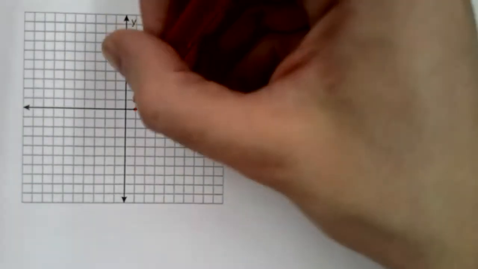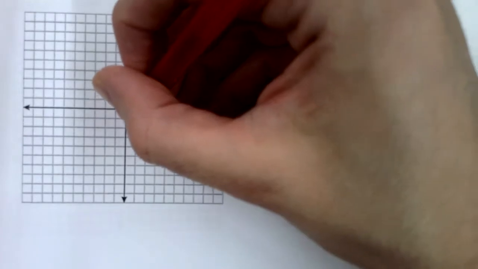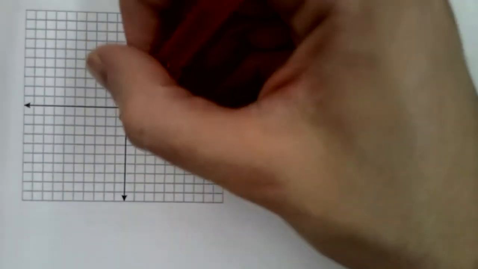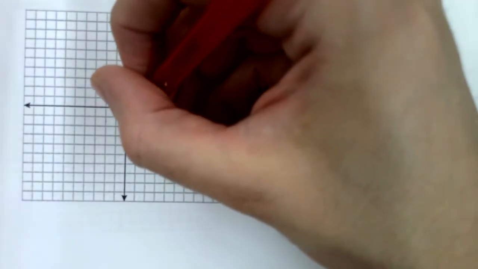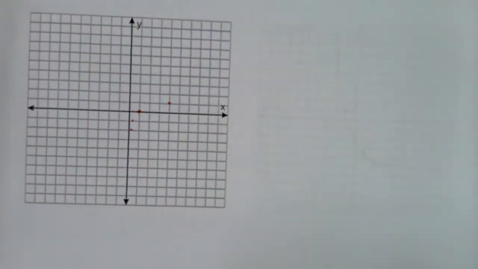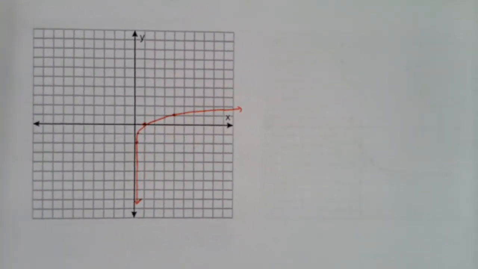We have 1/4, -1. You just estimate that. We have 1/16, -2. So you can see how close it's getting to that axis. So let me draw my graph now. Should look like that.